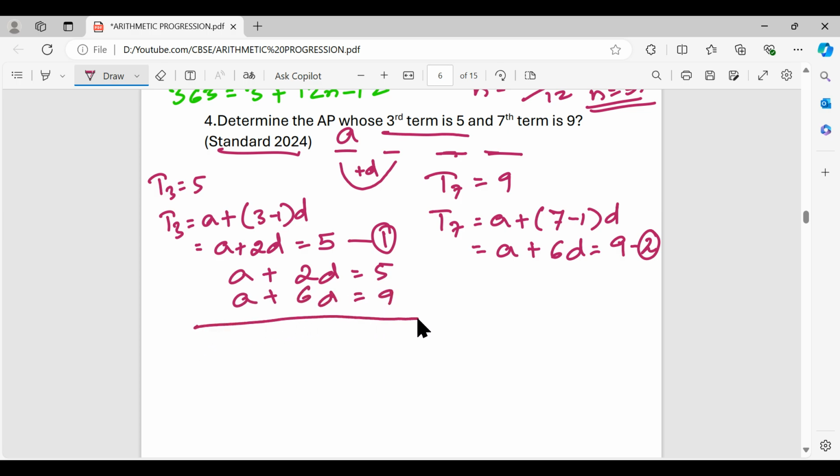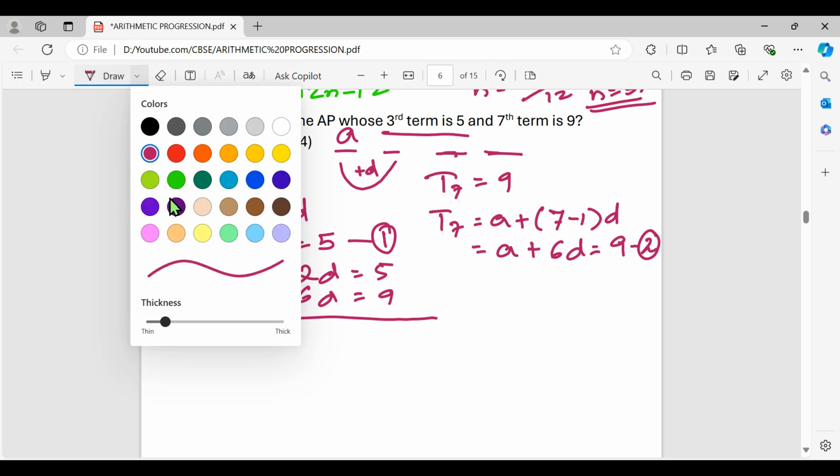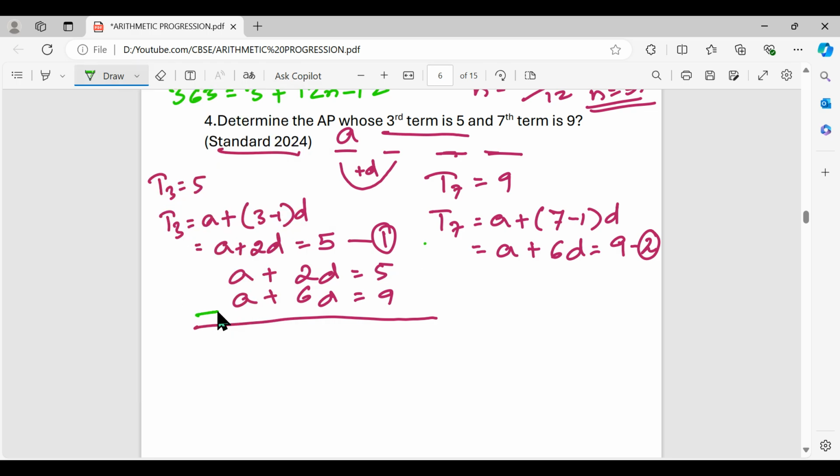Okay, now let's solve. Subtract: this becomes minus, this becomes minus, this becomes minus. So A minus A cancels. Minus 4d equals minus 4. So d equals 1. So we got the value of d.